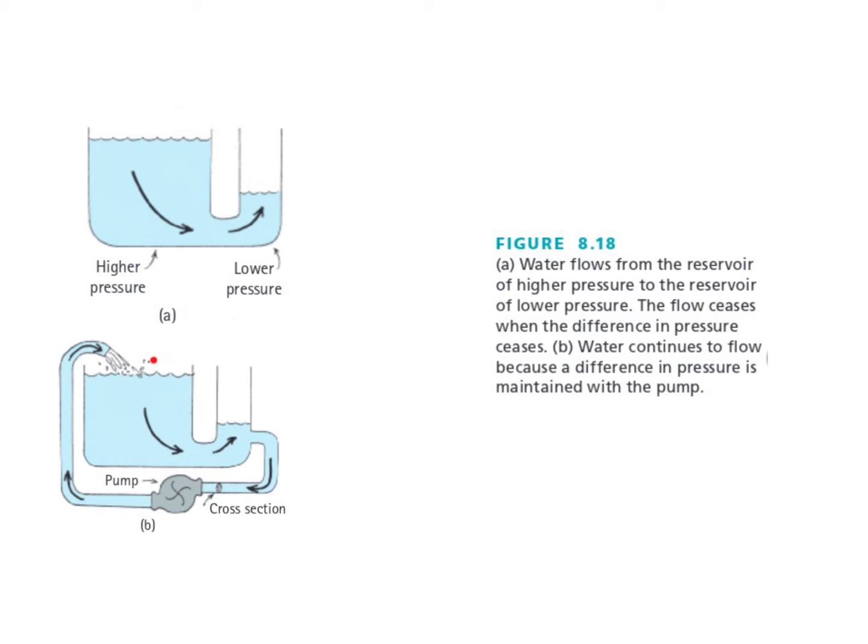So the pump is maintaining this pressure difference to keep the current of water flowing through these pipes. It's similar to how a battery works. A battery maintains the potential difference, not the pressure difference, to keep driving the electrons, the electric charges, through the wires. It's a very similar kind of process.